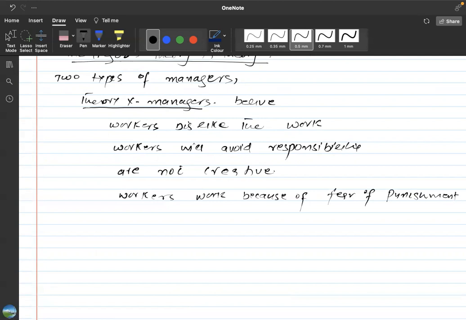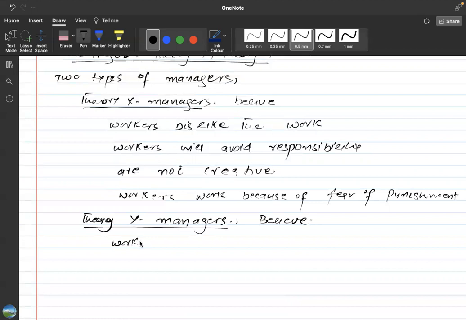But in comparison and contrary to that, there are other types of managers that are called Theory Y managers. Theory Y managers believe workers like their job.